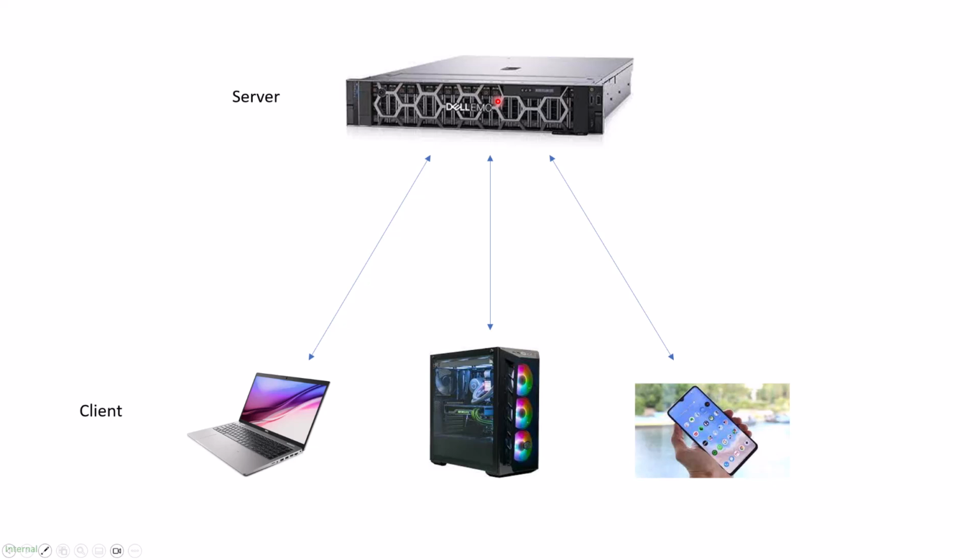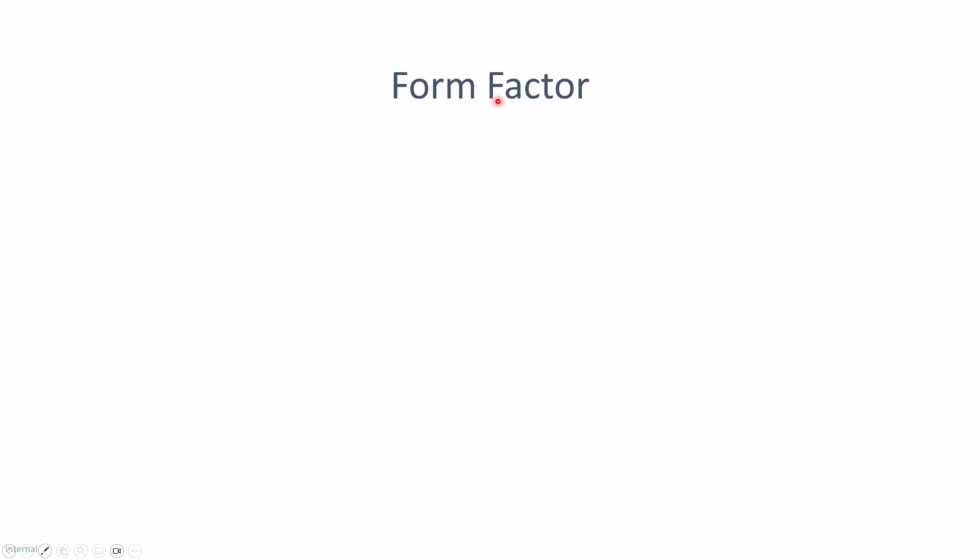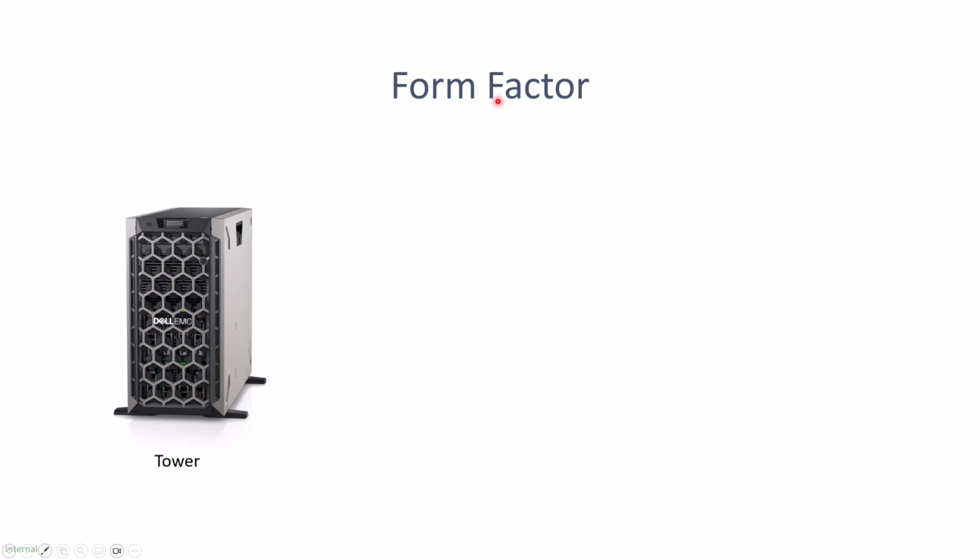Now, servers come in a couple of main different shapes and sizes, known as form factors. For smaller organizations, there are tower servers, much like a PC, and realistically, in a lot of ways, you can consider a server to be like a big PC, with the difference being one application, multiple users, as opposed to multiple applications, single user.